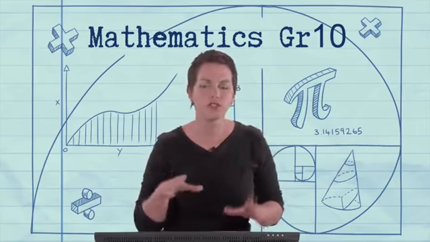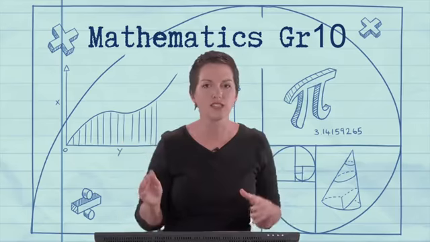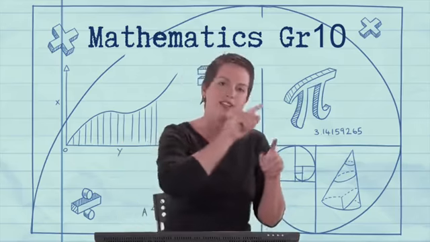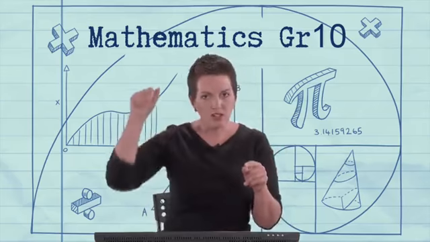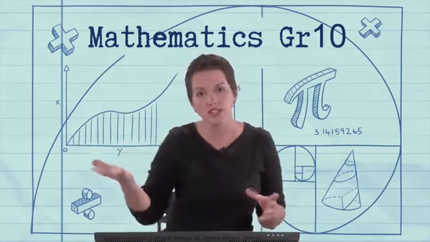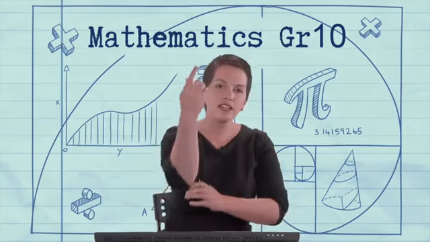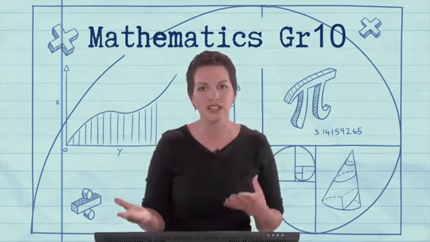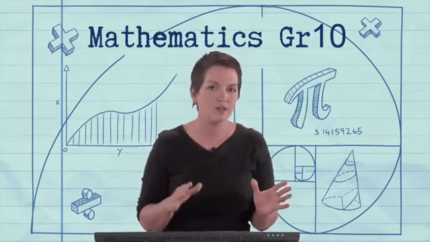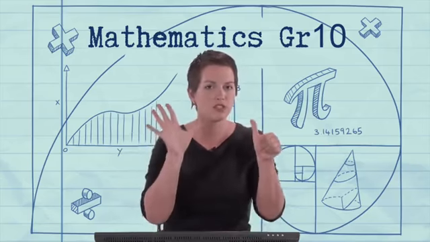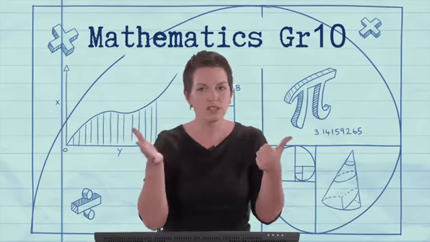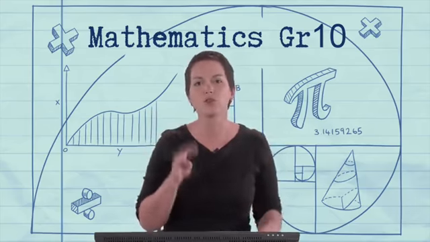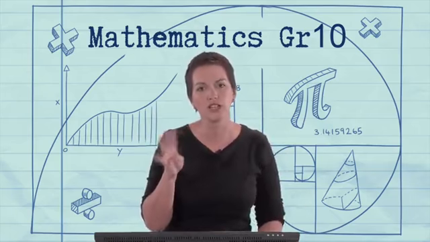Those 4 different cases for congruency were developed because mathematicians were lazy. In order to prove that 2 triangles are exactly the same, technically, we need to prove that each one of the angles is equal to one of the angles in the other triangle, and that each one of the sides is equal to one of the sides in the other triangle. So if you tally that up, that's 6 different things you need to prove. Now, mathematicians don't want to spend their time doing all of that, so they figured out there were 4 different shortcuts they could take.